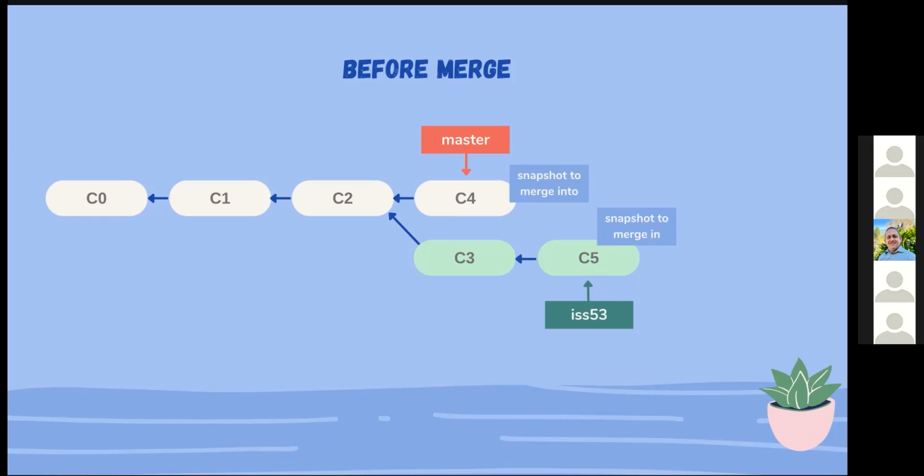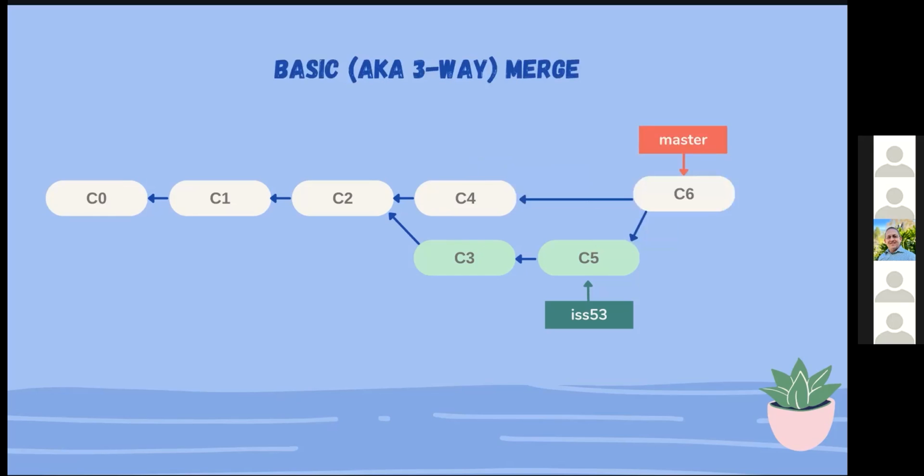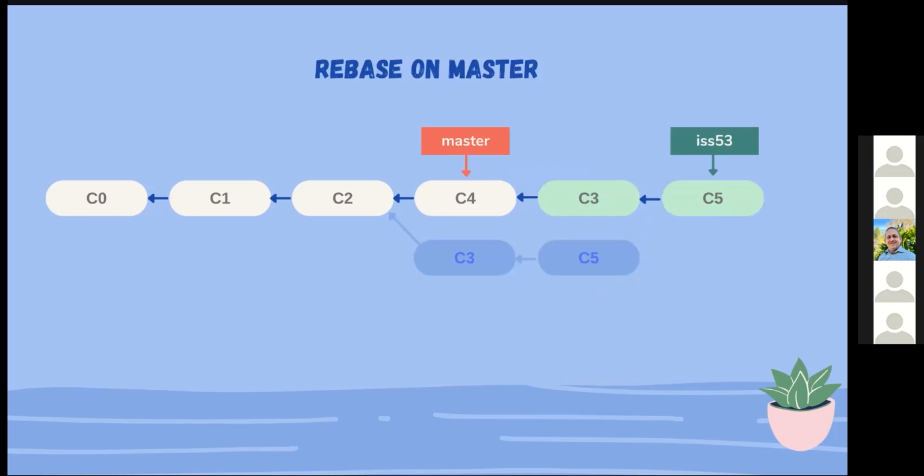And then the other option that you have is what's called a rebase plus fast forward merge. You can do a fast forward merge when all of your previous commit history is the same. So here we have C0 through C2, and notice that our branch, which I have in light blue to indicate that it's no longer there, C3 used to have its parent set as C2.